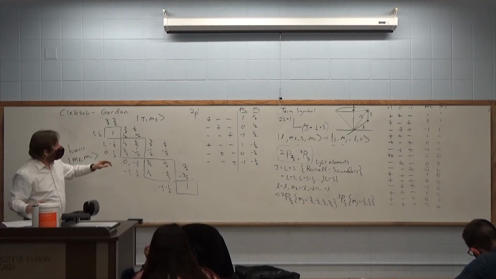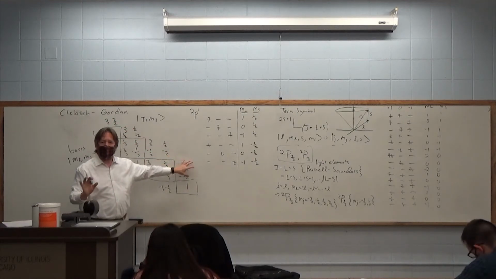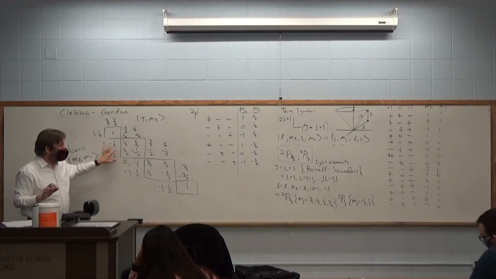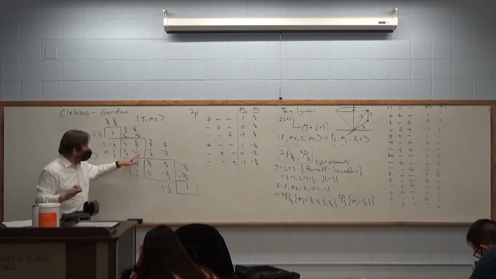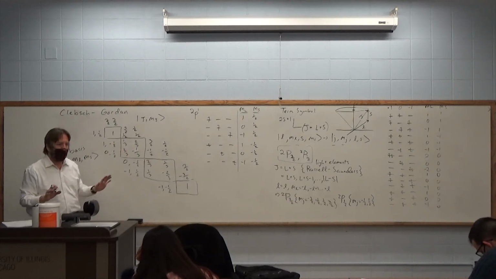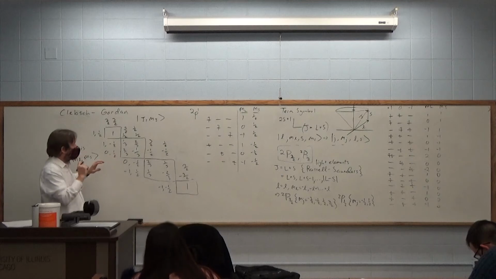So look on top, look at what you want. On the left tells you what you have to work with, and the interior of the box tells you how to construct it. Now that's the big picture. If you can remember that, you can kind of just figure it out even if you forget.